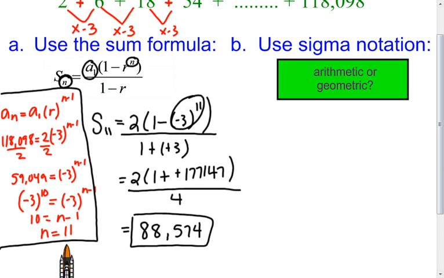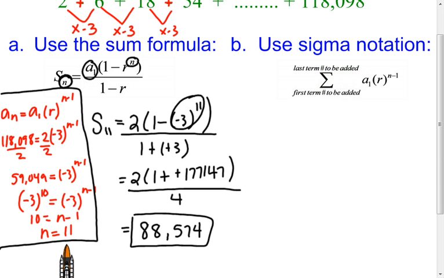Then if we use the series or sequence formula, and I go over here, this is what I will use. Notice that since this is a geometric sequence, I will put this right here because that's the generic form for a geometric sequence. Again, when you use sigma, you have to tell me which term numbers you're summing up.